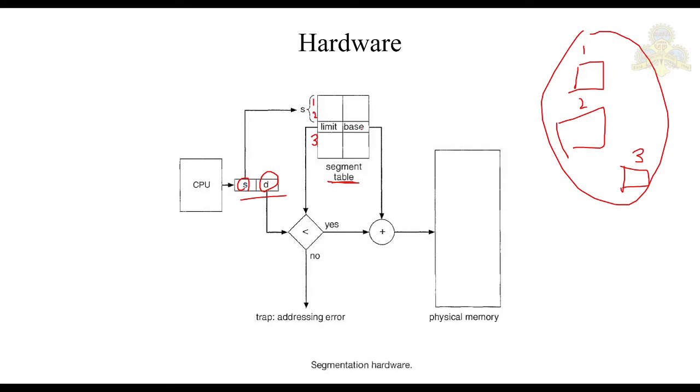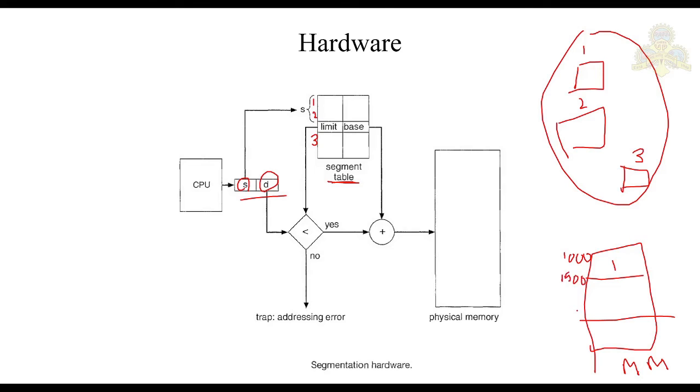Now what is limit and base? First I'll talk about the base. Base is nothing but the starting address of your segment. Suppose this segment 1 is stored in your physical memory. I'll draw here: if this is your main memory, say your segment 1 is present here, and the base address is 1000, and the end location is 1500.